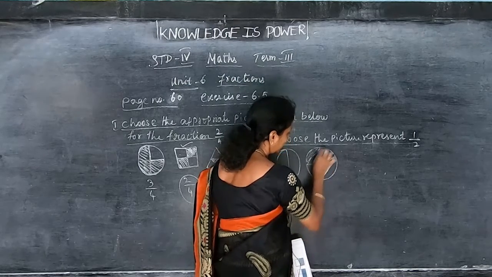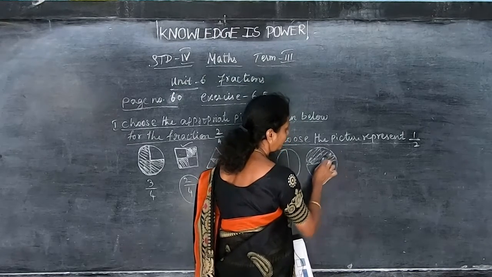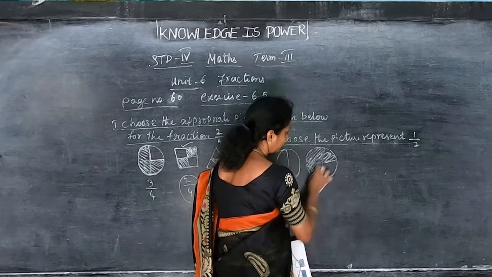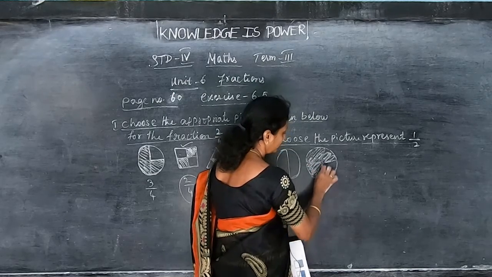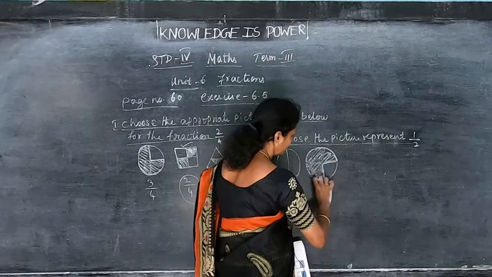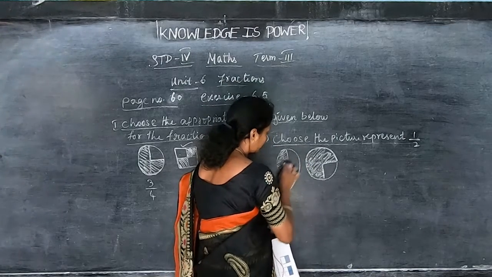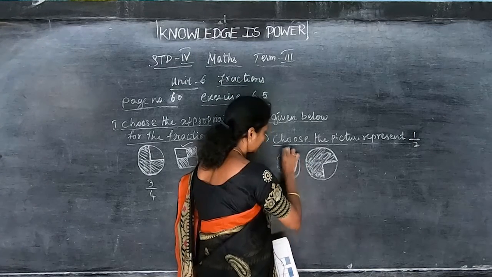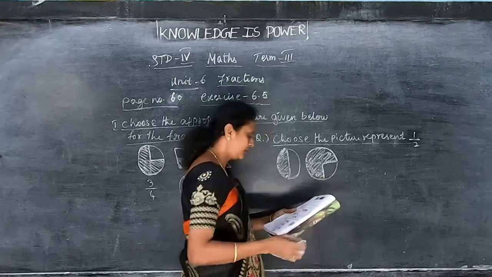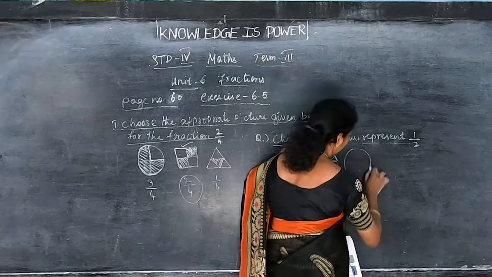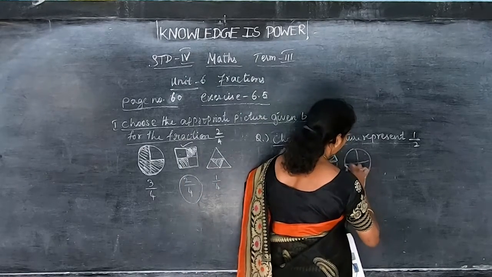So they are shaded and given. Here they are shaded half portion. Okay. And here 4 parts, 1 part only shaded.